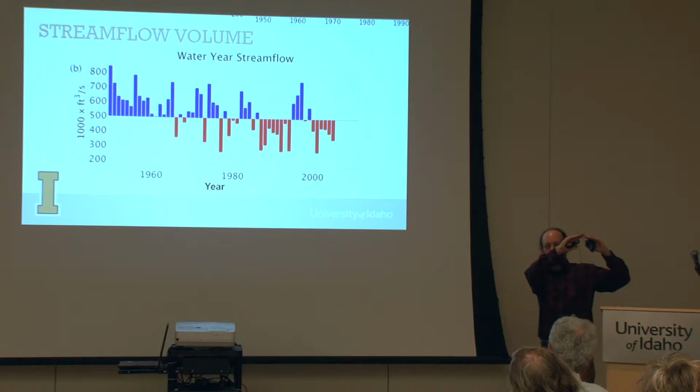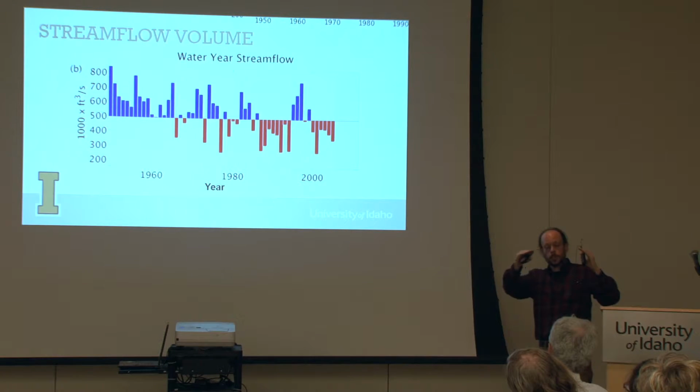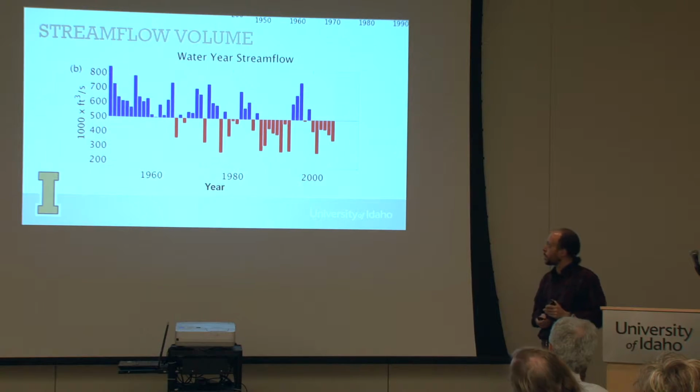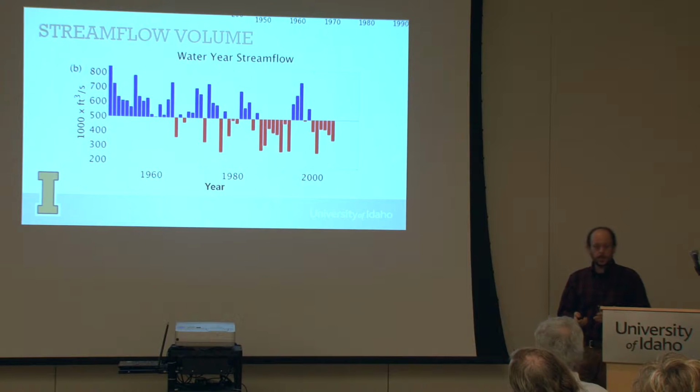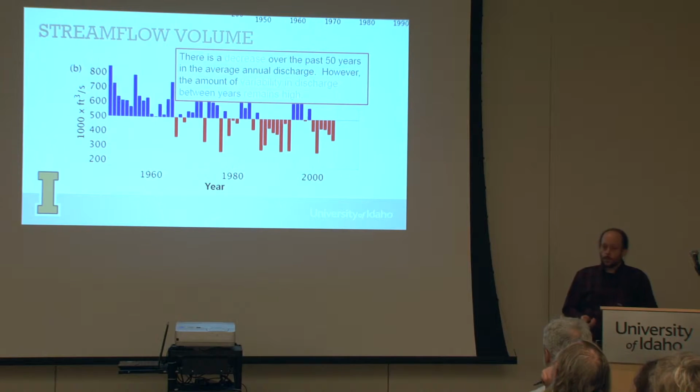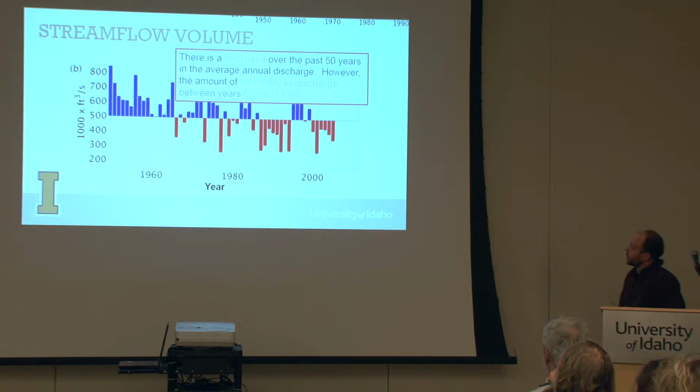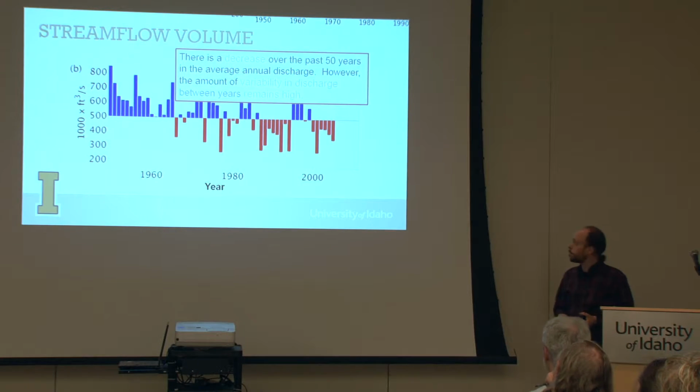There actually is a slight drying trend from the 1950s to the present. It's pretty flat if you go back to the early part of the century, but from the mid-century on, there is a slight drying trend in precipitation. It's also due, we think, to increases in evapotranspiration, and it may also be due to changes in deposition in high mountains. So overall, to sum up, there's a decrease in the past 50 years, although there's a lot of variability year to year.